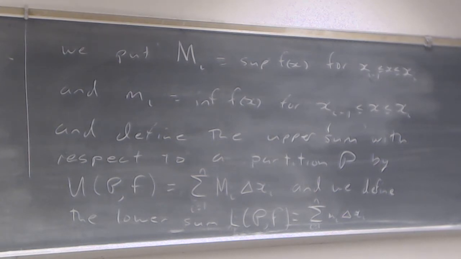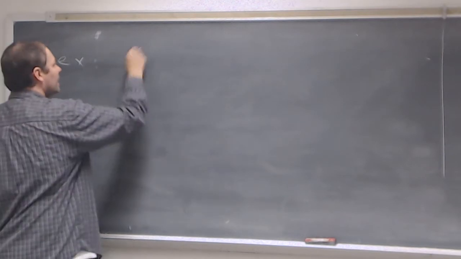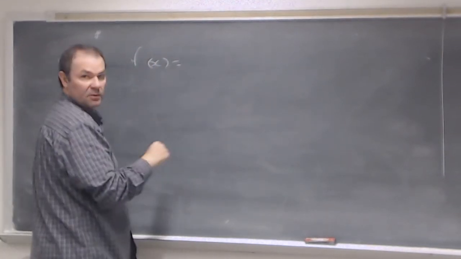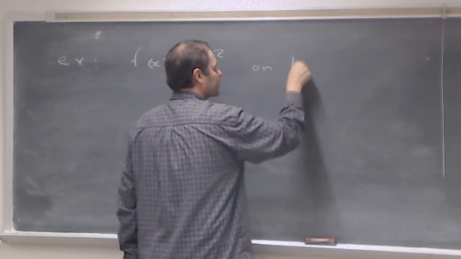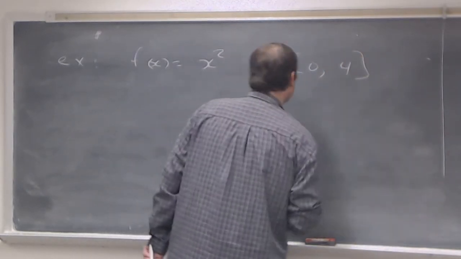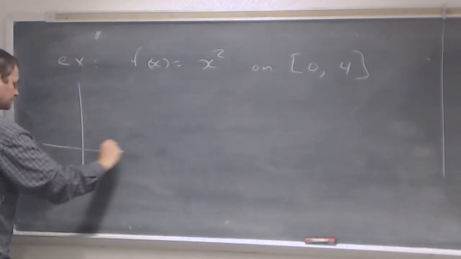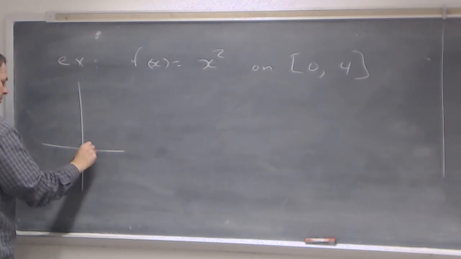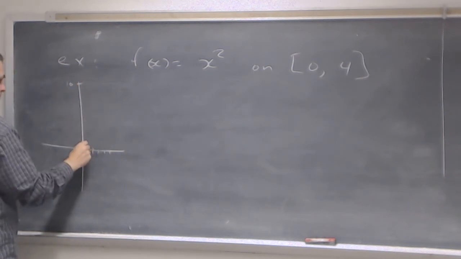Okay, just as a quick example, let f of x be equal to x squared, defined on, let's say, 0 to 4. Here's what the picture looks like: at 0, 1, 2, 3, 4, at 4 we're up to 16.